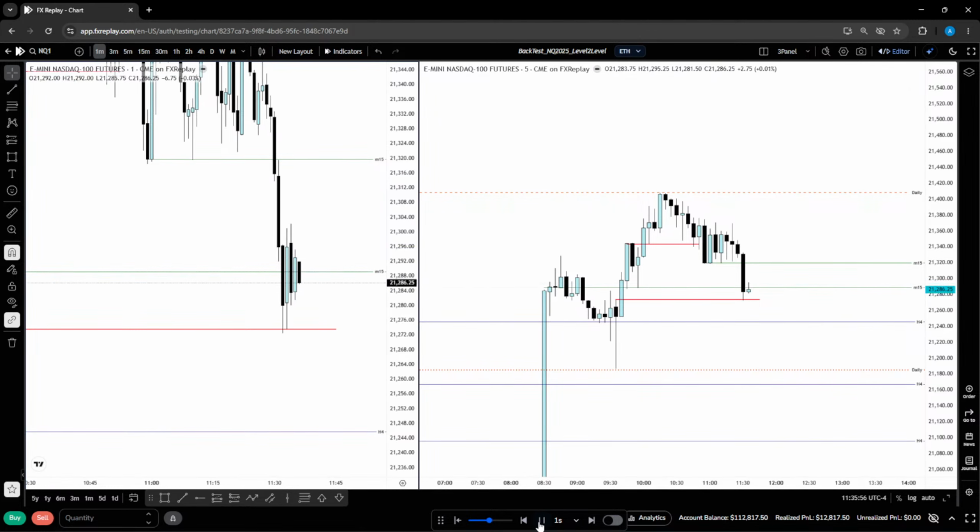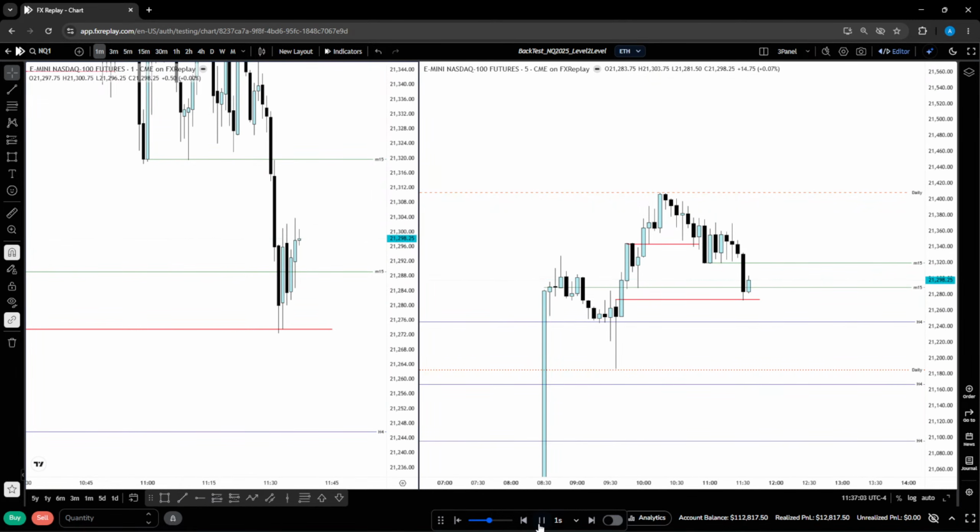One 5-minute candle closed below 15 but above that level, and now this guy, see if the next 5-minute candle gives it back. If not, we are going a lot lower.